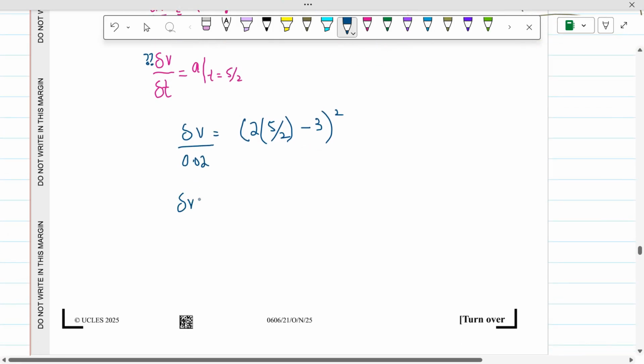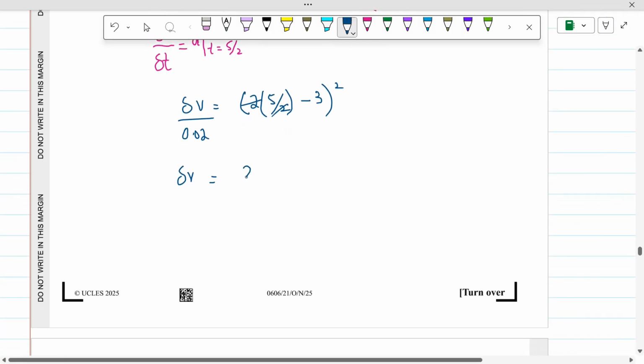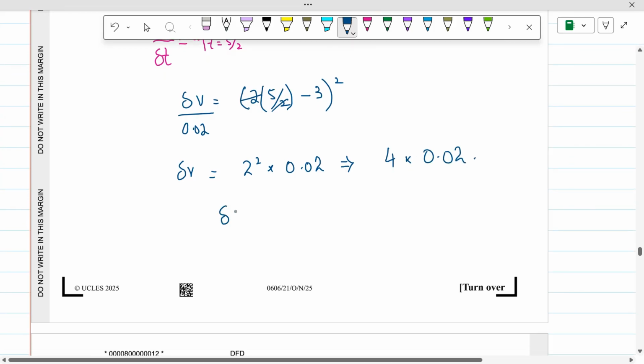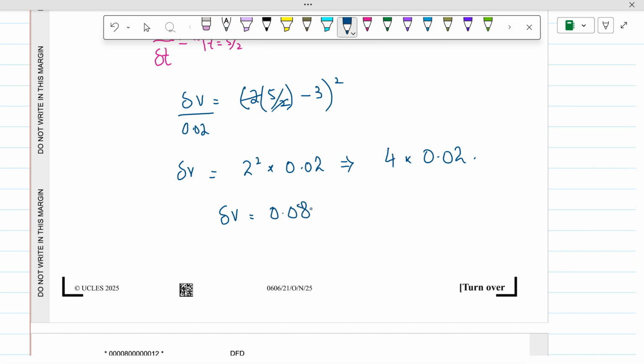So we will have 5 minus 3 whole square, which is 2 square, and this is 4 times 0.02. So a small change in velocity will be 0.08 meters per second.